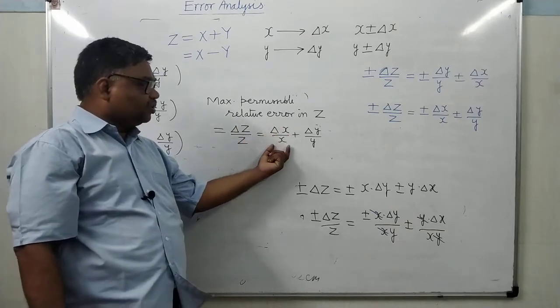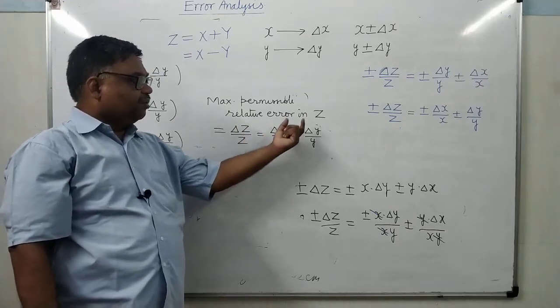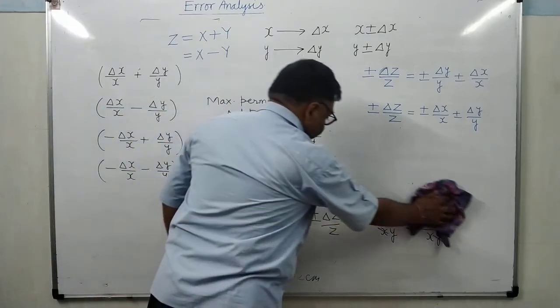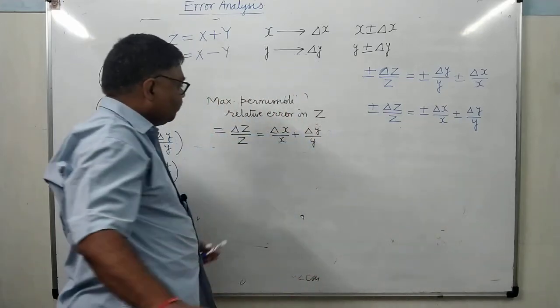Delta x upon x into 100 is percentage error in x, and similarly percentage error in y. So we can write this relationship in this way also.